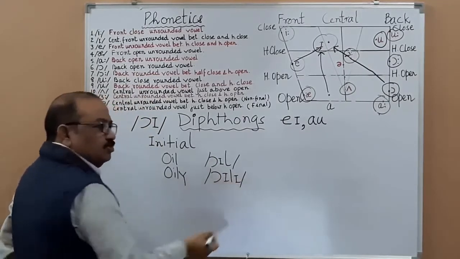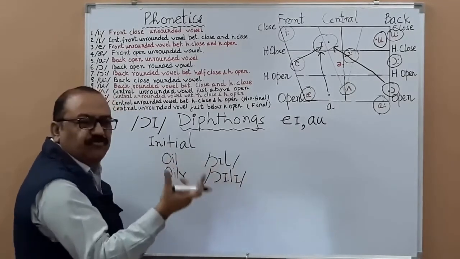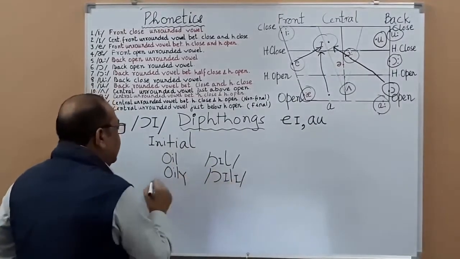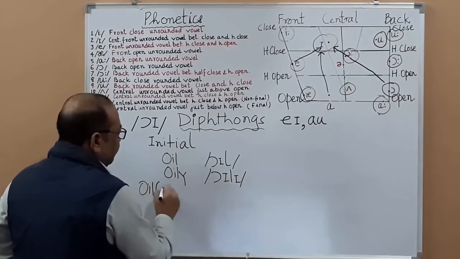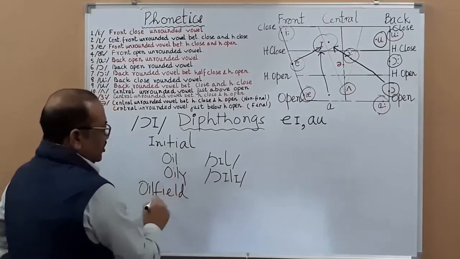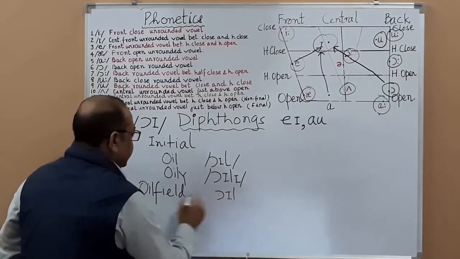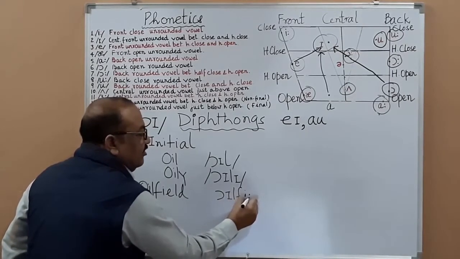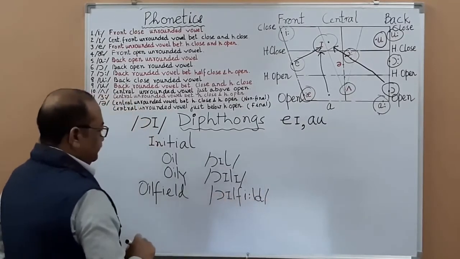And then you may have compound words like oil field, oil fuel, oil can. Let us take oil field. First you write oil, then you write field. Now here you have long E sound. This is how you write oil field.